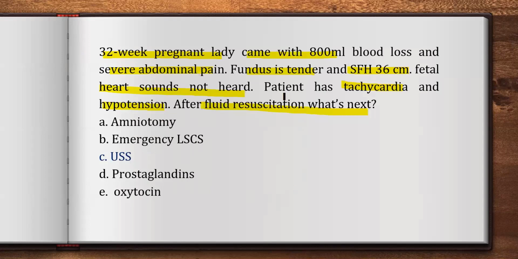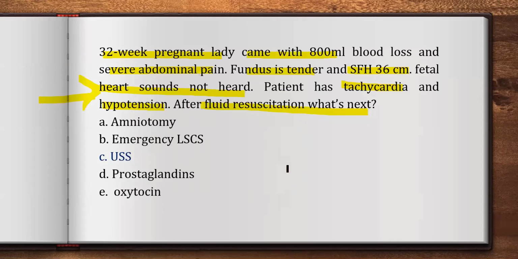The more important thing you need to look at, any person having abruptio placenta, is that there is a very high risk that intrauterine fetal death can happen. And that is given in here, that fetal heart sound is not heard. If you cannot hear fetal heart sound, normally you just need to confirm it with a Doppler.